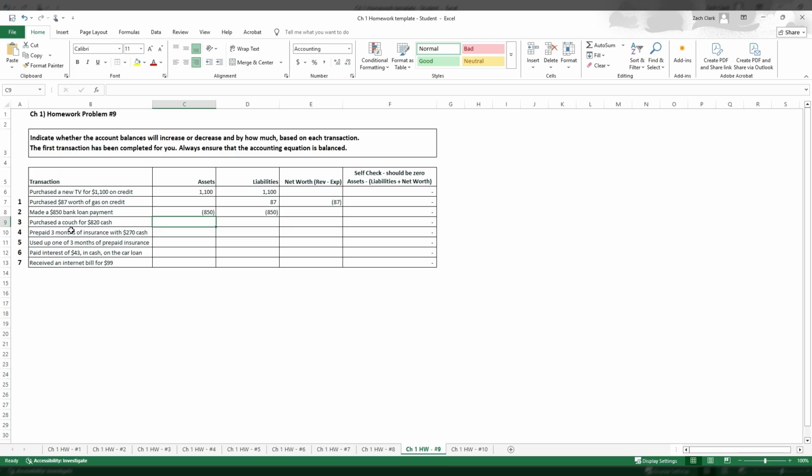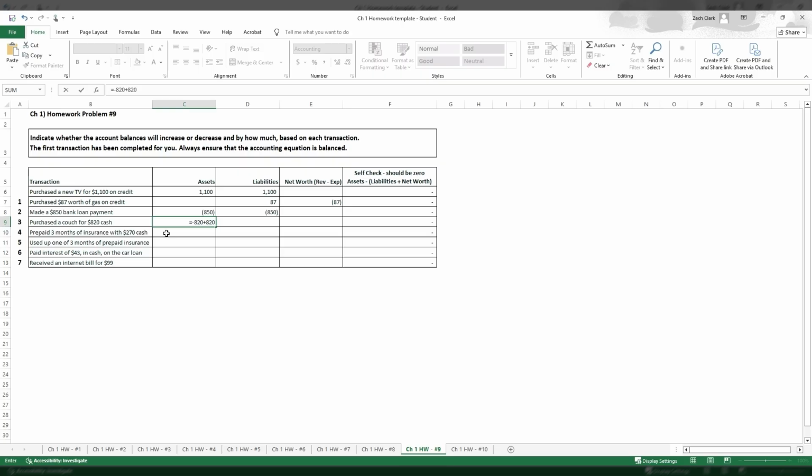Now these both are kind of interesting. We purchased a couch for $820 cash, so I'm going to put an equal sign, and I'm going to put a minus first, minus 820 into my formula, indicating that we paid the cash, so our cash asset decreased. But then I'm going to put a plus sign with 820, indicating that our couch asset increased.